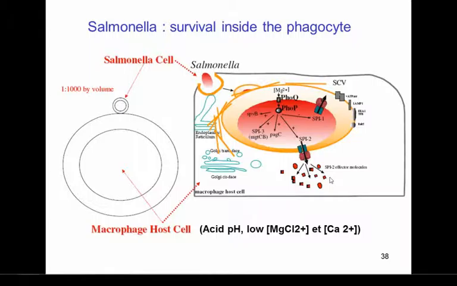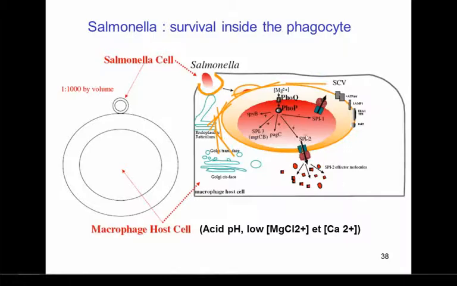So all of these things that are dangerous for bacteria, the oxidative burst, reactive oxygen species, activation of proteases, nucleases, and secretion of antibacterial peptides, don't occur because of the action of the SPI2 secretion apparatus and the effector molecules injected into the cytosol of the phagocyte.